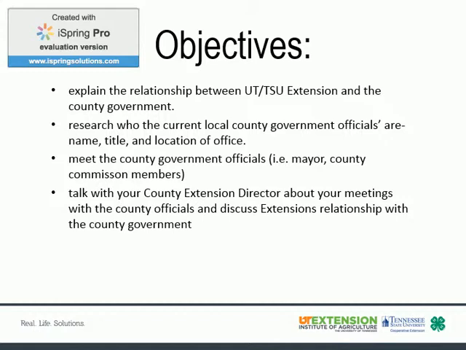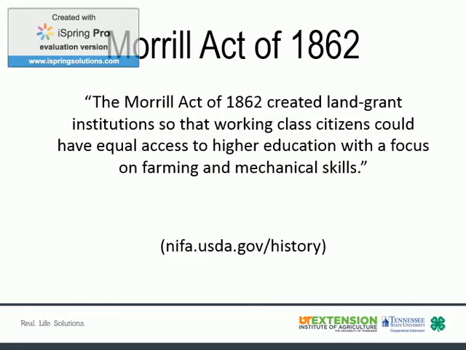During this lesson, we will focus on the relationship between UT-TSU Extension with the county government. The birth of Extension came from the passage of the Morrill Land Grant College Act of 1862, passed by President Lincoln.